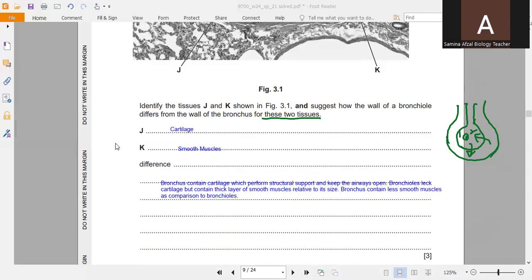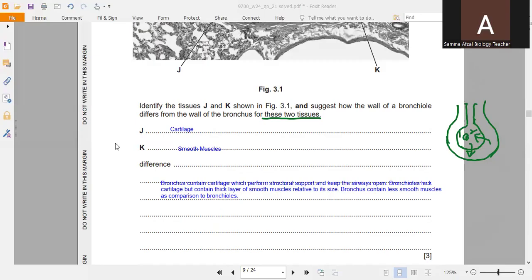Bronchioles lack cartilage but contain thick layers of smooth muscle. It will also protect these muscles. So the bronchus contains less smooth muscle in comparison to bronchioles.